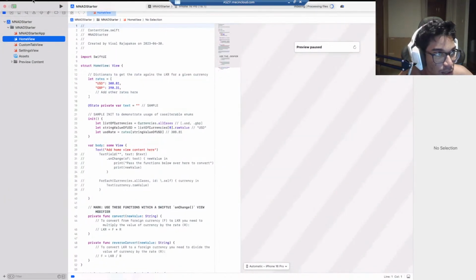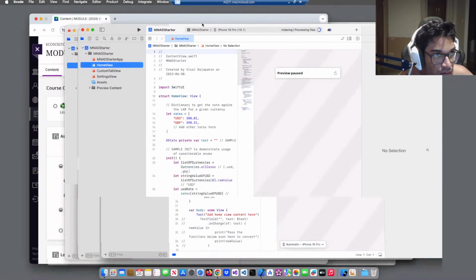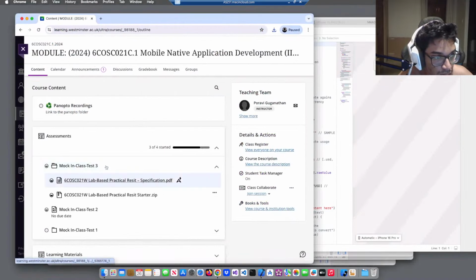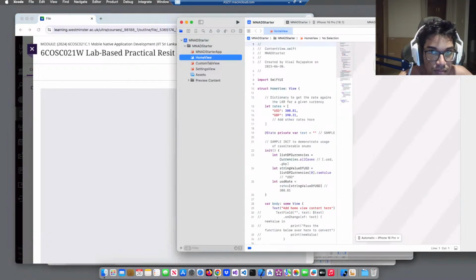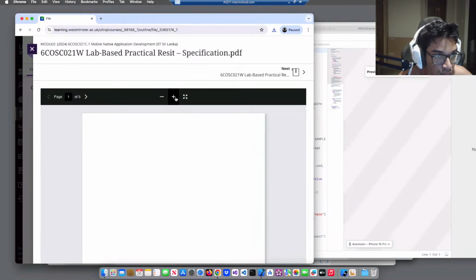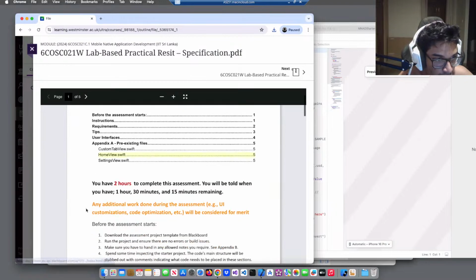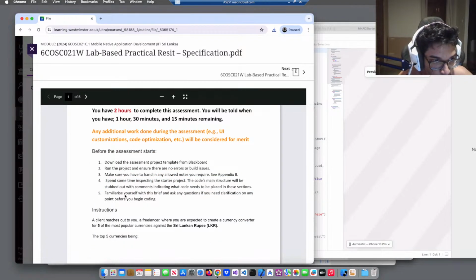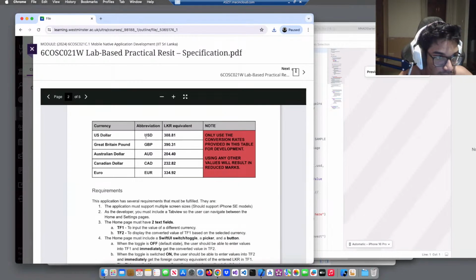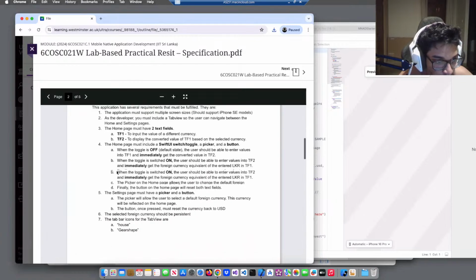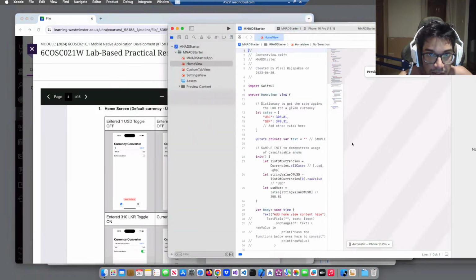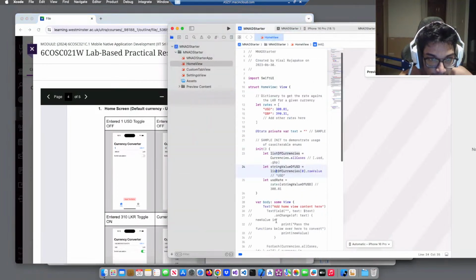Okay, so what's the requirement here? Okay, so I need to convert, I guess. What should the UI look like? Like this, okay, so pretty much.